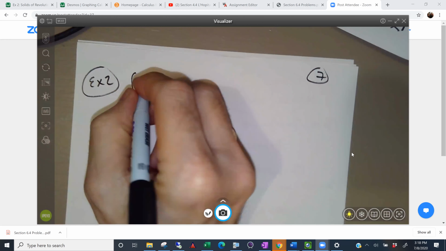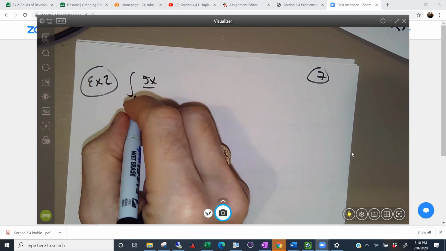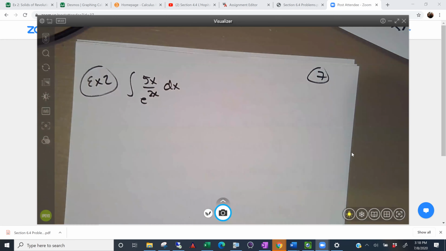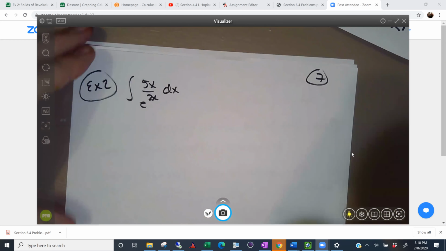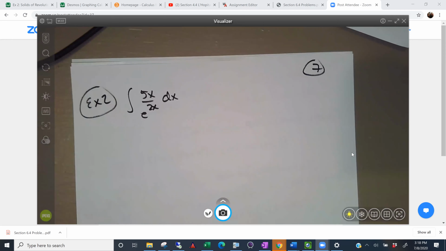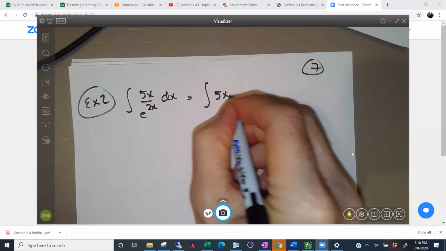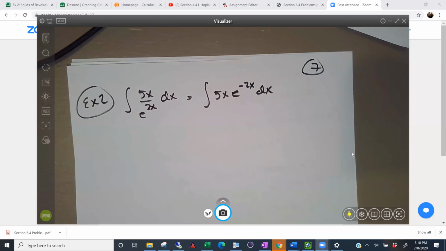So let me keep going. The integral of 5x e to the 2x dx. There we go. Let me start by rewriting that a little bit: 5x e to the negative 2x dx.